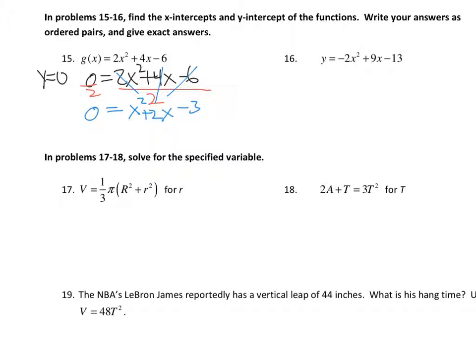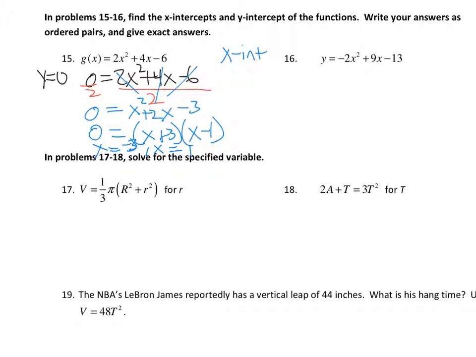Now we ask ourselves if we can factor that, and I think we can. 0 equals x plus 3 times x minus 1. So we get two answers, and that's x equals negative 3 and x equals 1. Okay, so our x-intercepts are negative 3 and 1.